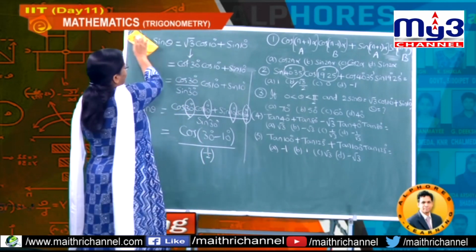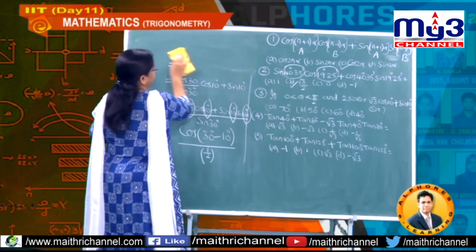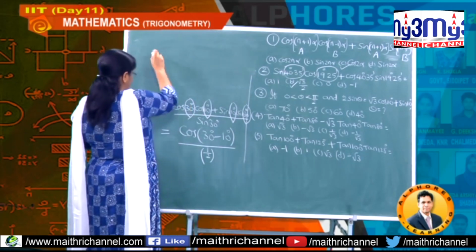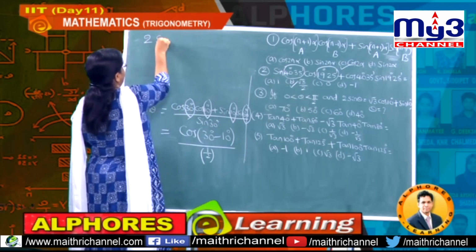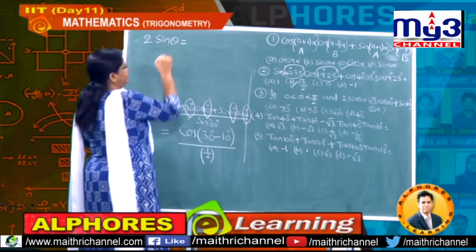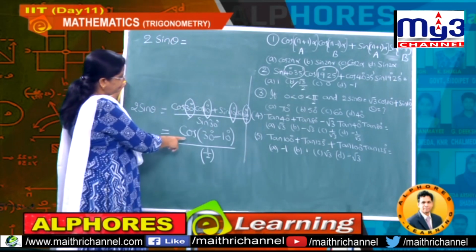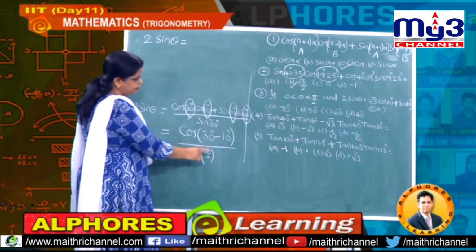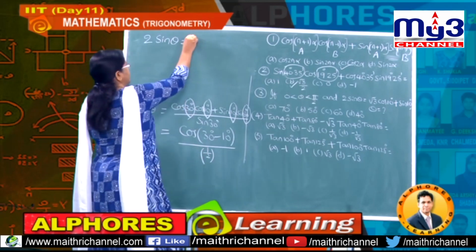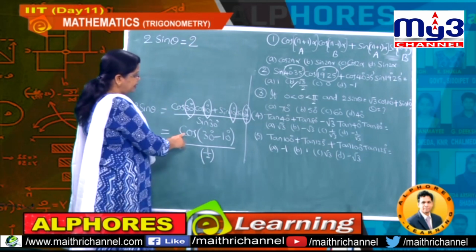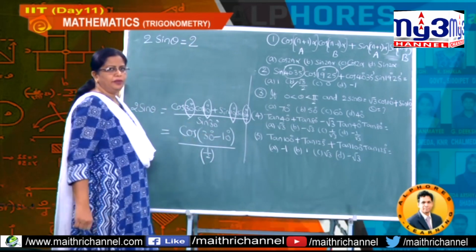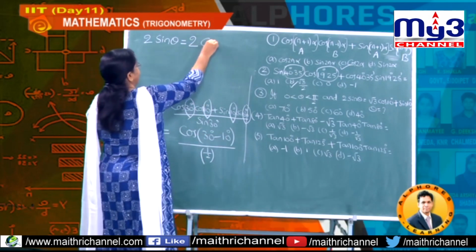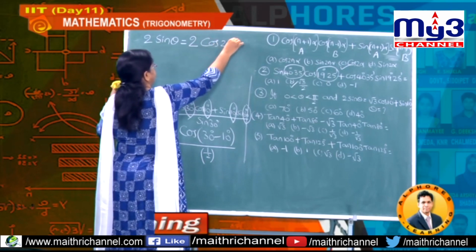Now finally, on the left hand side you are having 2 sin theta, we are not changing this value, we kept it as it is. On the right hand side, 1 by 2 will become 2, so here 2 and cos of 30 minus 10, what is the value, cos 20 degrees, understand.